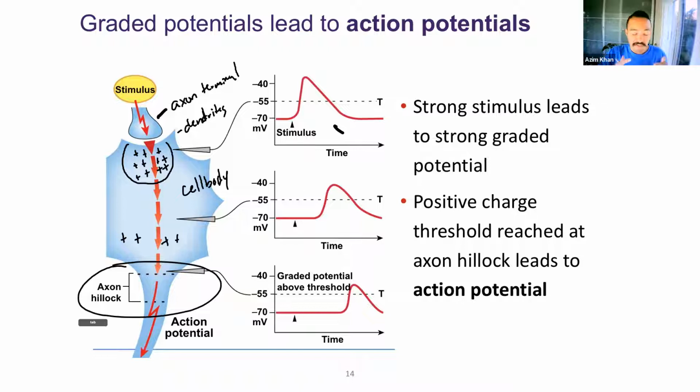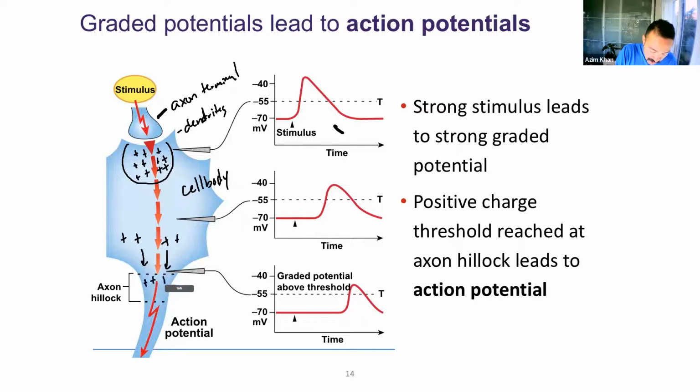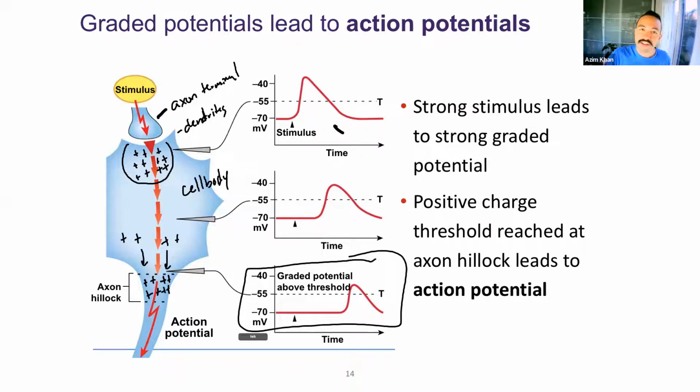It's never going to be as strong. But if we get enough of these sodium ions to flow to the axon hillock, if we get a strong enough charge, if you don't understand these graphs on the right, don't worry about it. It's just showing that we're getting a strong enough charge, enough positive sodium ions here at the axon hillock. If enough make their way to the axon hillock, we can get what's called an action potential.